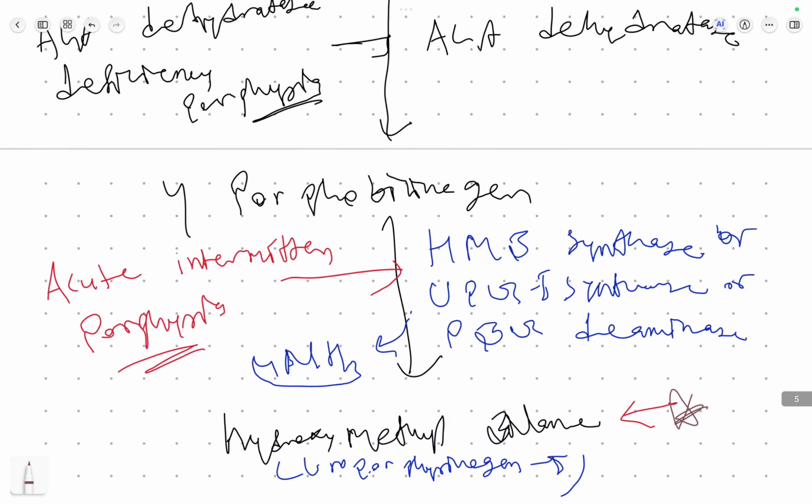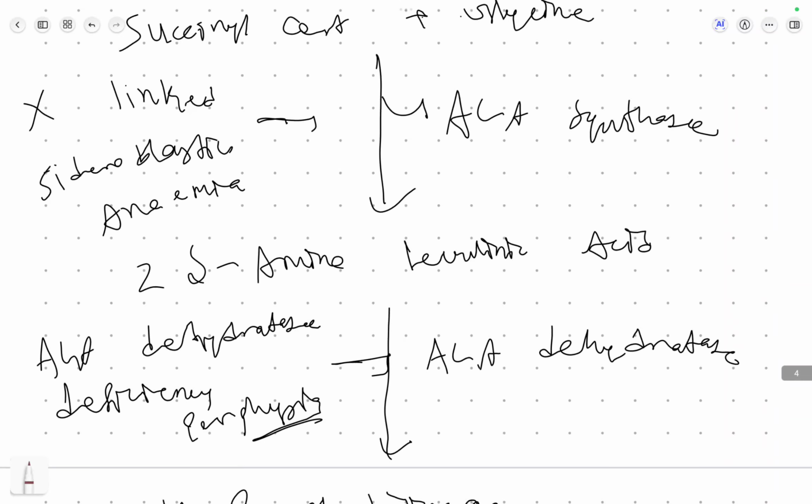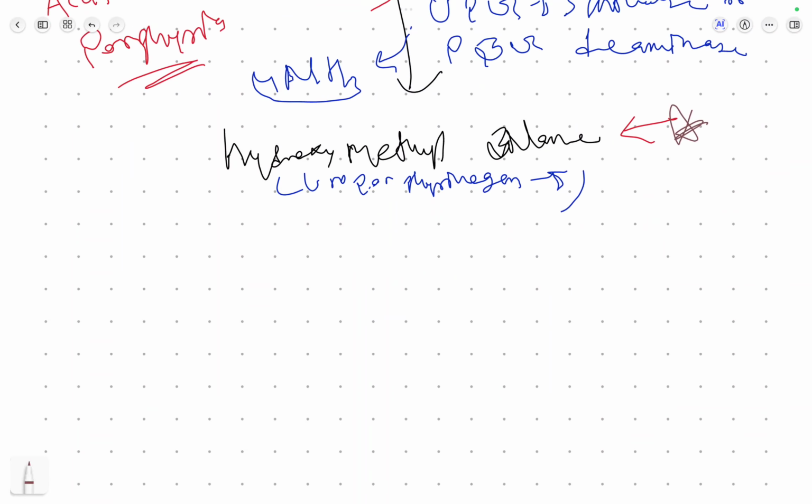Above this, in all the conditions, there will be abdominal pain and neurological problems, but there won't be photosensitivity. But after this, in all of the porphyrias, there will be photosensitivity. So now let's move to the next step.